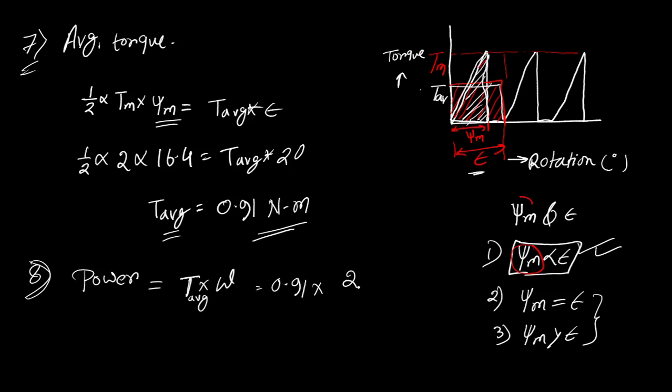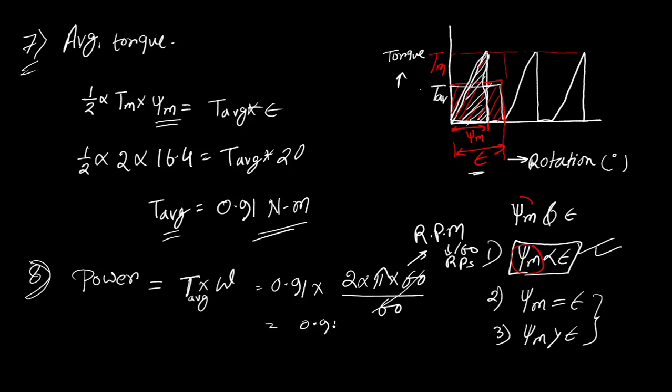What is the omega value? 2 pi n, and here n is 60 rpm. As this value is in rpm, we have to divide it by 60 to convert it into rps. Now this 60 gets cancelled out.